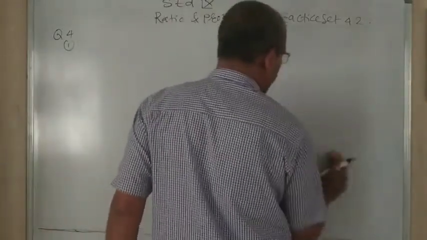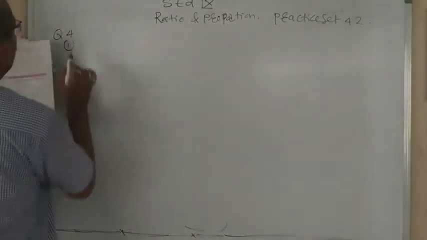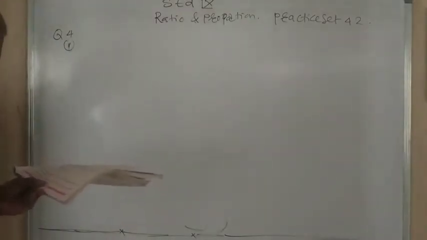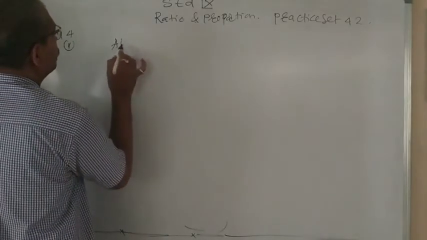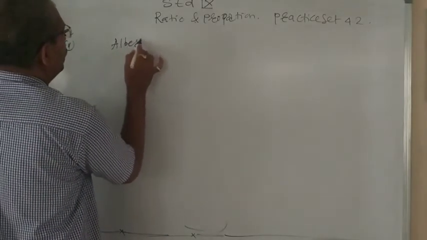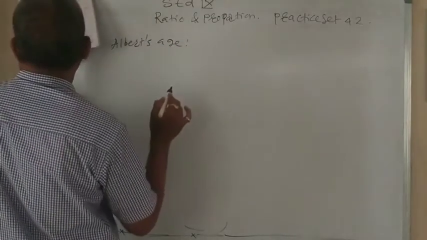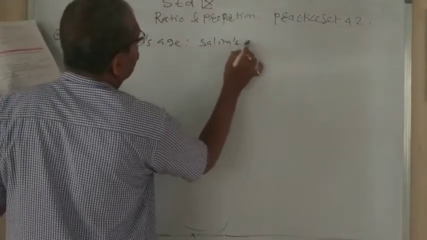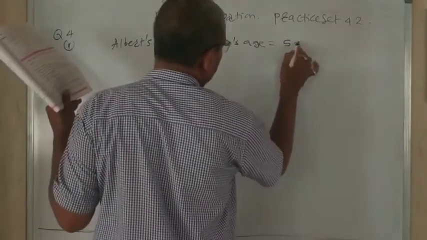Now we are going to enter the next question, that is question number 2 or question number 4. The ratio of present ages of Albert and Salim is 5:9. Albert's age as to Salim's age is equal to 5:9.